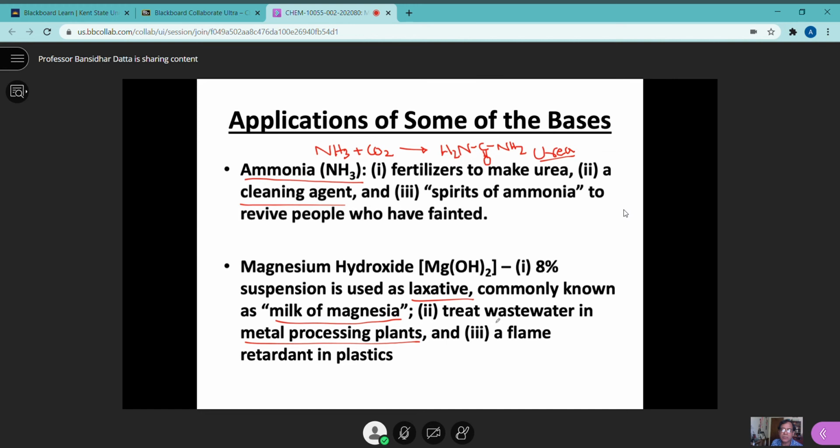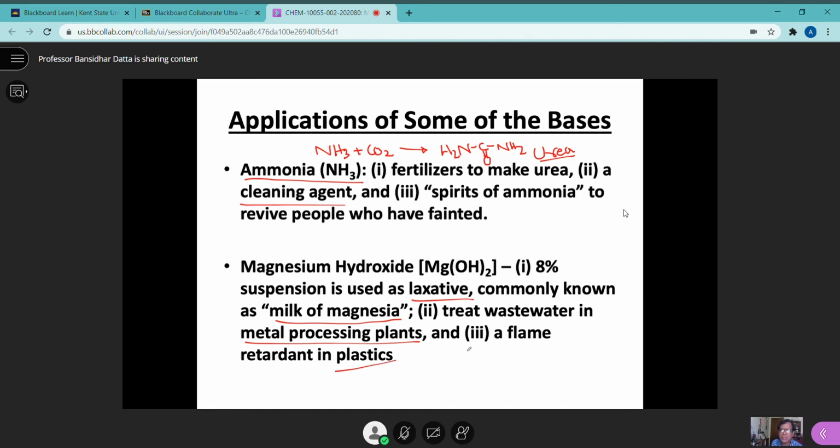When they treat the wastewater in metal processing plants, you do not contaminate the river water or ocean water, etc. Some companies do, some companies don't. They dump it as it is. And it is also used as a flame retardant. If you have burning plastics, don't add water, because that will burn more. They basically use ammonium hydroxide or magnesium hydroxide to stop the flame.